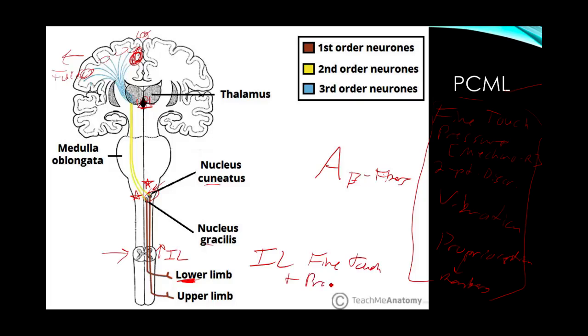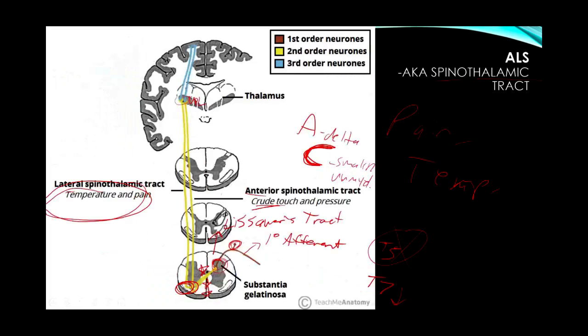Fine touch and proprioception. And this is how they'll put it in a question stem. And then if the spinal cord was lesioned and the ALS was compromised, you'll see that contralateral loss of pain and temperature. Pain and temperature.